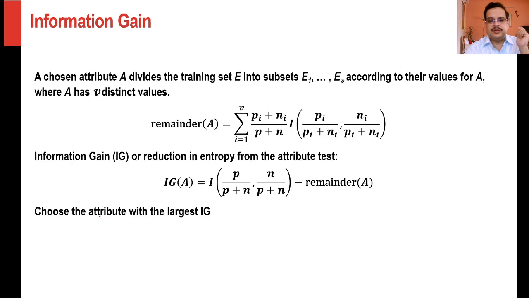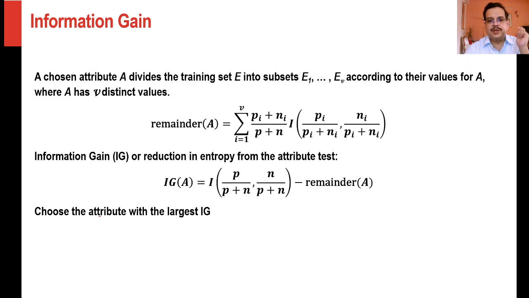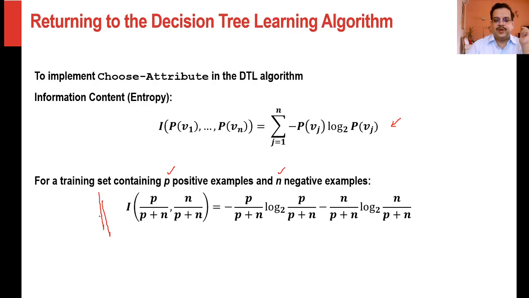Let me see, what was my initial entropy? I had 6 yeses and 6 nos in my initial data set before I chose the root of the decision tree.